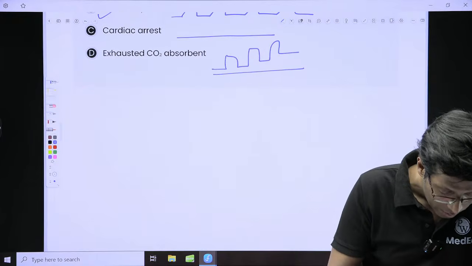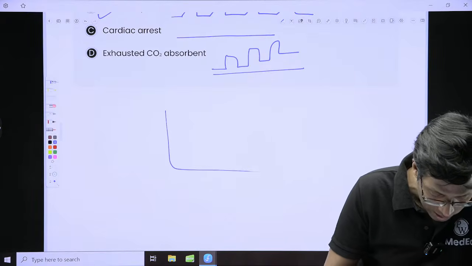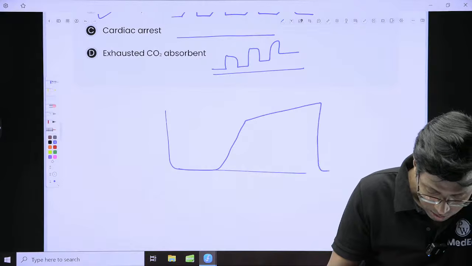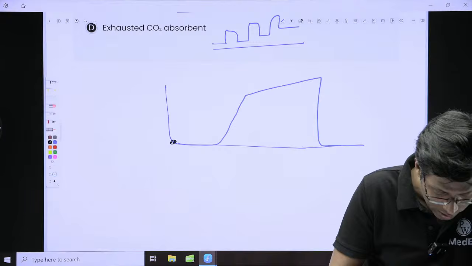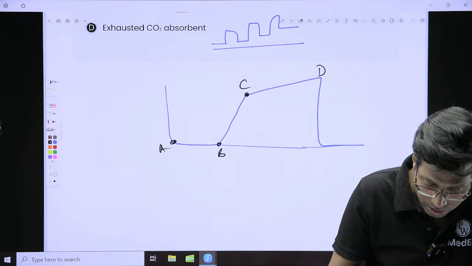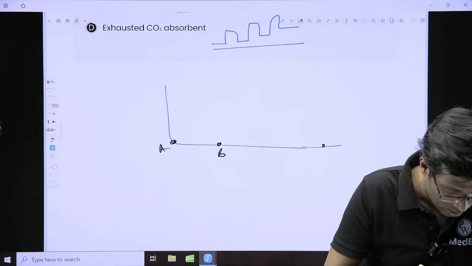Remember whenever we discuss capnography, in capnography, this graph which goes up. There are 5 points which are important: A, B, C, D, and E. This is slightly different over here.